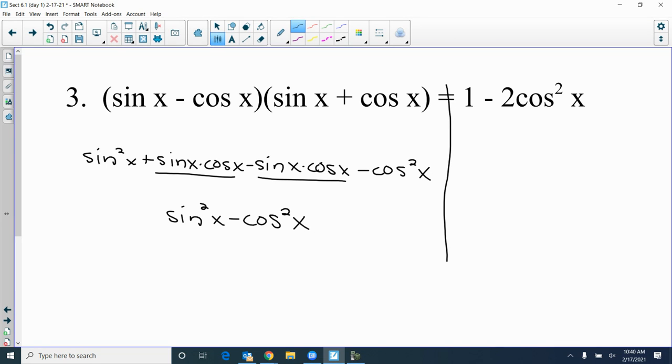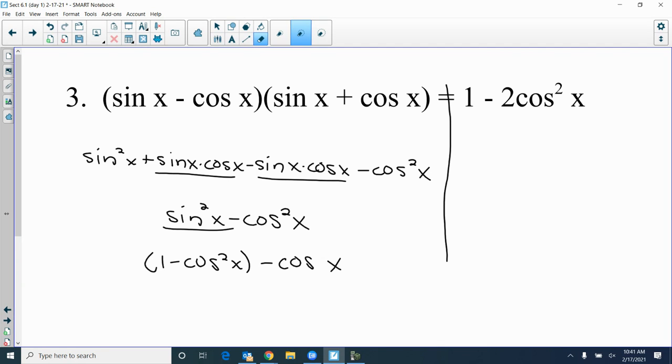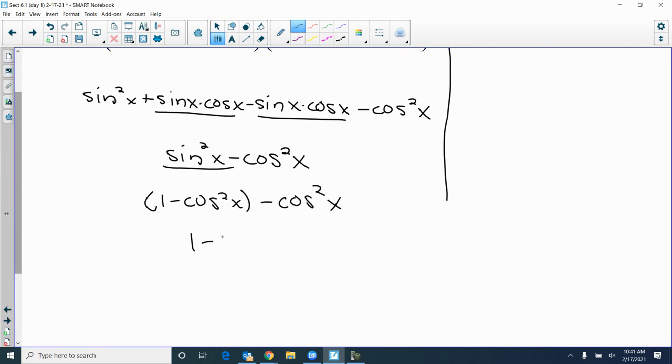How do I get rid of that? I can take this out, and I put in 1 minus cosine squared x minus cosine squared x. And that is really my last step because those two together will give me 1 minus 2 cosine squared x. Am I done? Yep, matches the right-hand side.